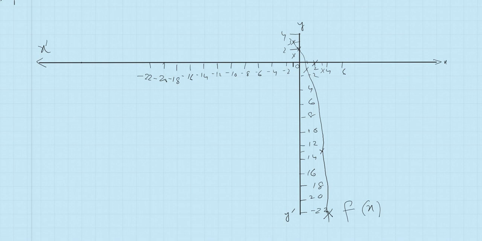Then minus 6, 2. This is minus 6. This is 2. Then sorry, minus 13, 3. This is minus 13 and this is 3. And finally minus 22 and 4. This is minus 22 and this is 4. Join all the points.